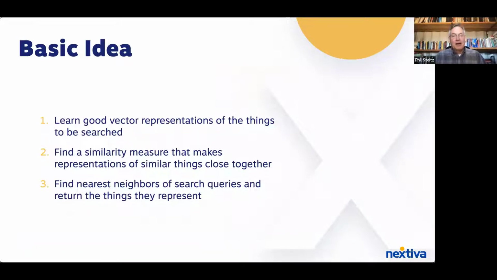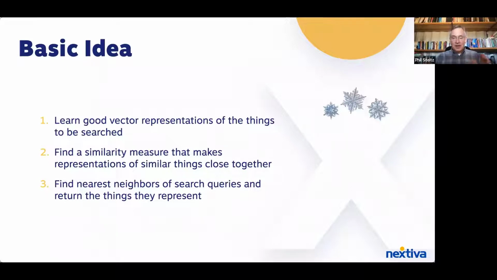I want to just start with a very high level picture of what is shared by most neural search pipelines. First, we start with a bunch of objects under search that could be any kinds of things. They could be text, images, audio, video, or some mix of all of those things.